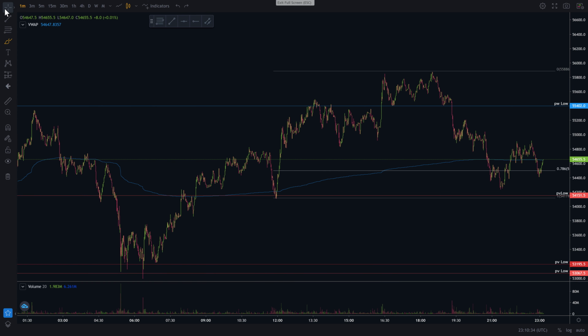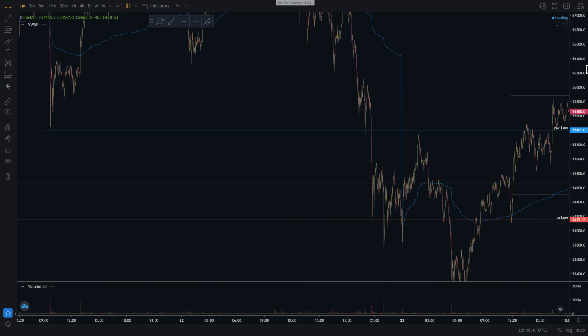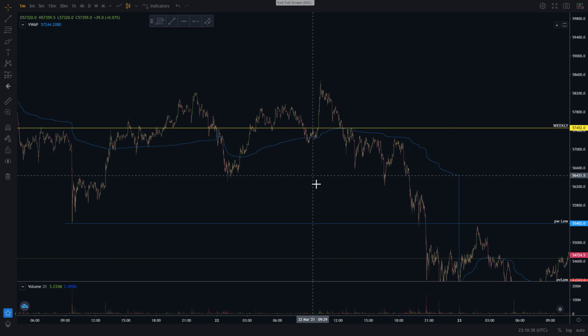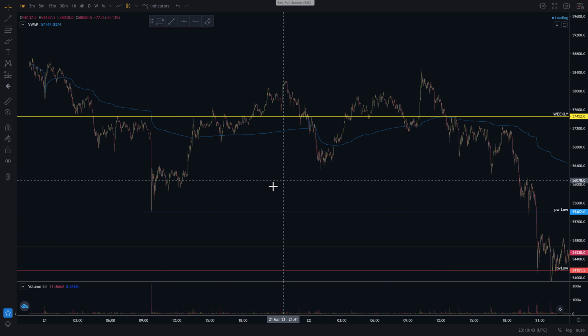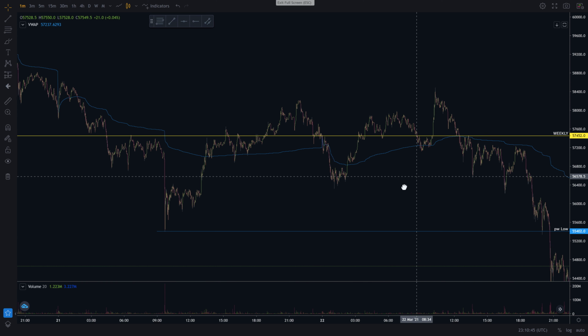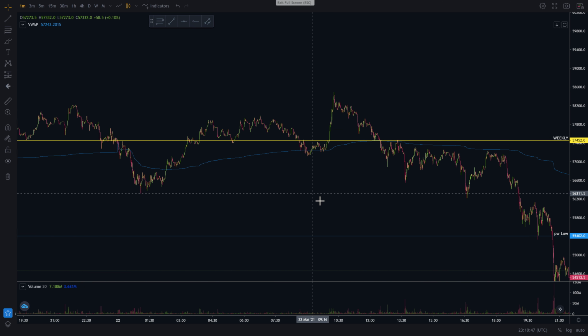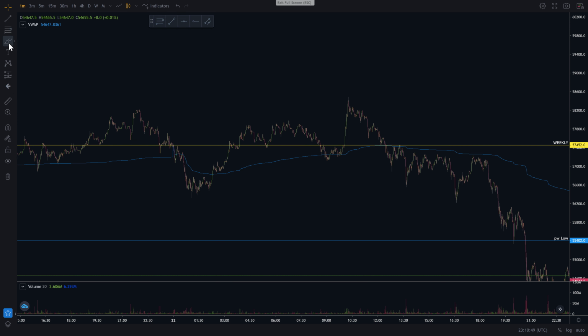Okay, and now let's have a look at a downtrend. We can see we made a significant high over here. We breached that high, so it was still uptrend.